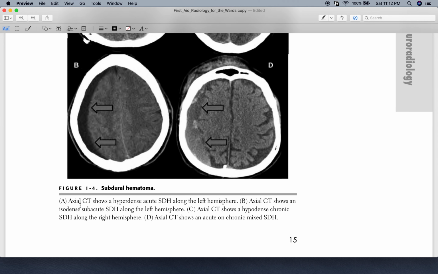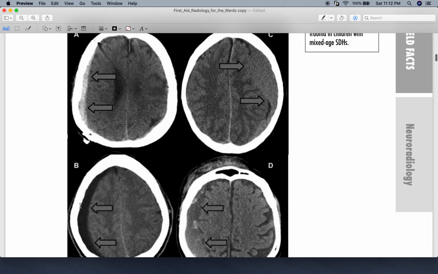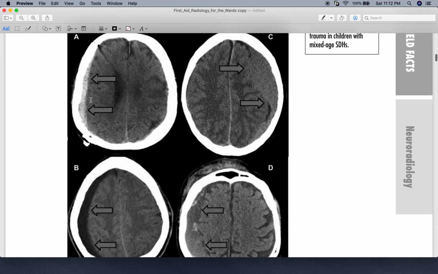A says an axial CT shows a hyperdense acute subdural hematoma along the left hemisphere. Okay, so this is still acute.